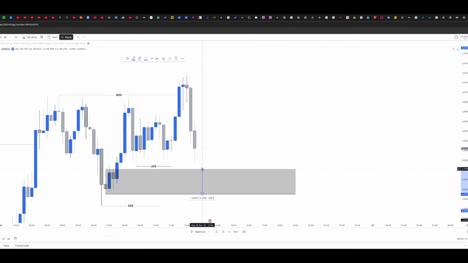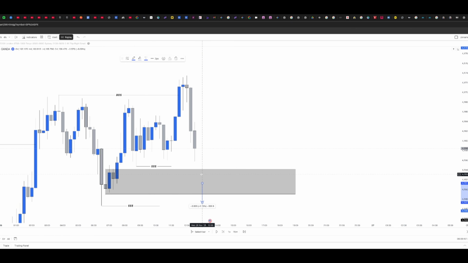But for now, because we are in a hurry, I can explain a little bit of that. So this is why we bring this entry around here in the mid, and then we maximize our stop loss around here, but it will still be small that we are risking. So as you can see, we have made our entry to be around here, and our stop loss is 39 pips. It's no longer 50 pips.